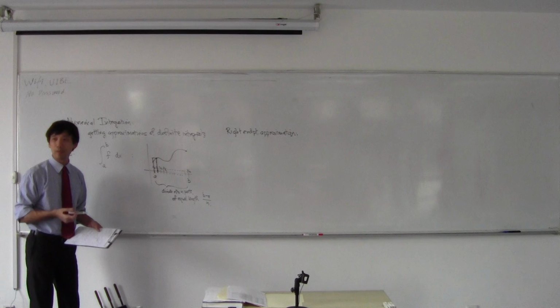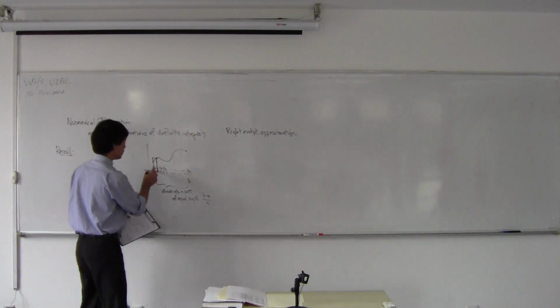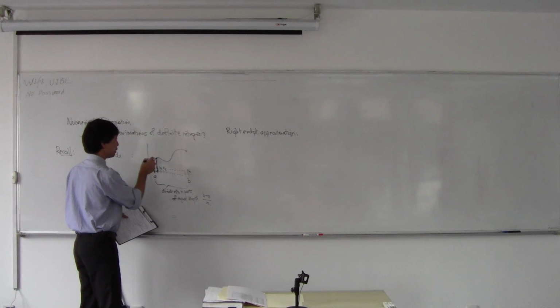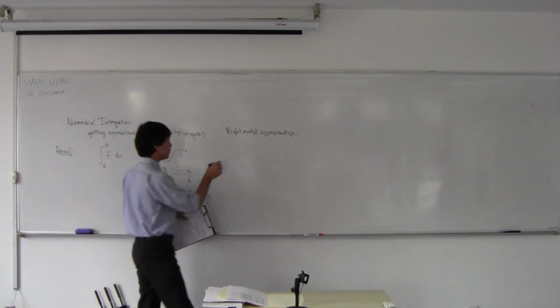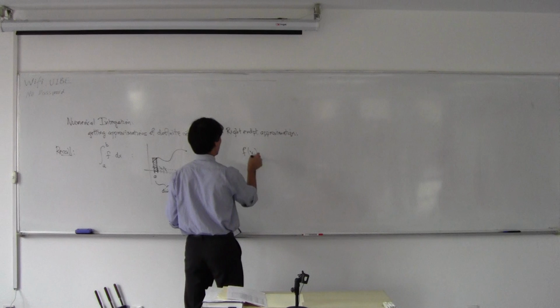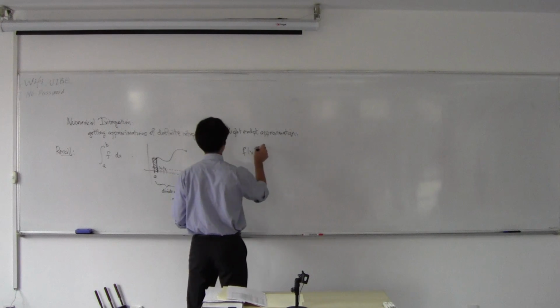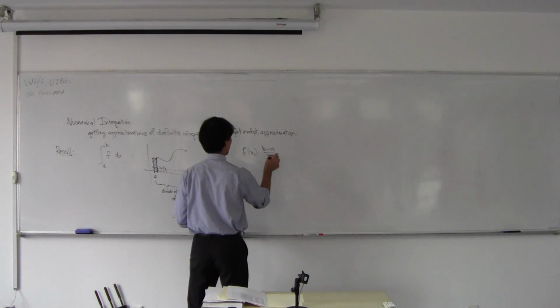You multiply by the width of the base, and you get the area of this rectangle. So you say f of x1 times b minus a over n.